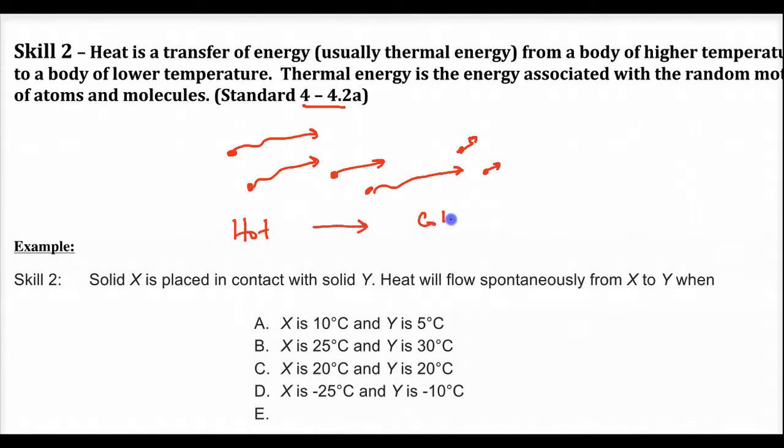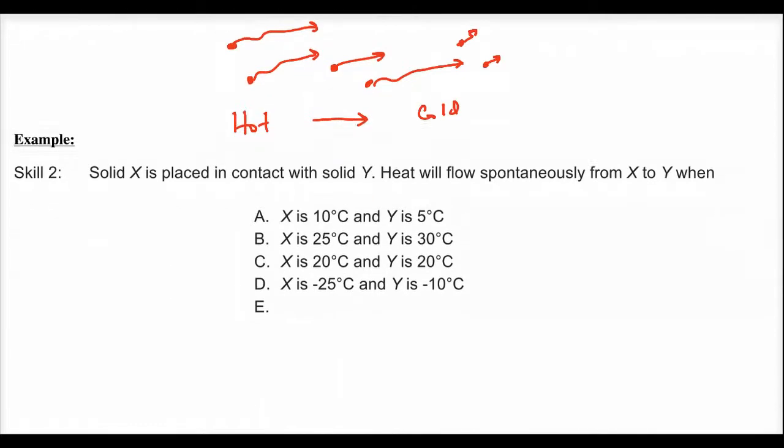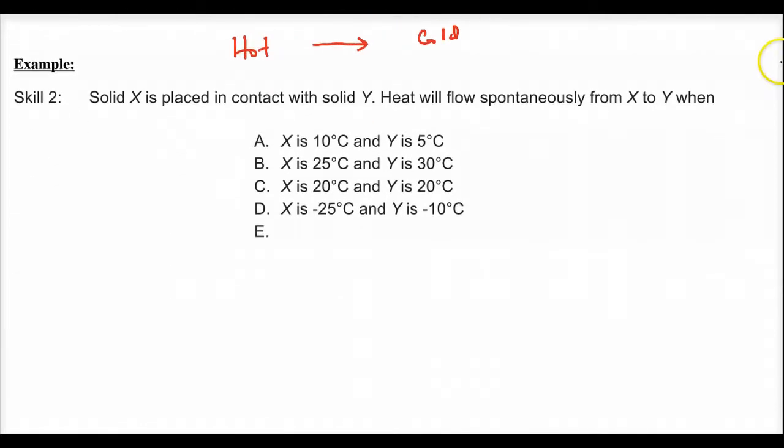Cold does not flow. So if you look at the example that I have down here, solid X is placed in contact with solid Y, heat flows from hot to cold. Knowing that temperature is a measure of motion, fast motion is going to catch up to the slow motion. So who's the highest temperature to the lowest temperature? Well, choice A is the answer because 10 degrees Celsius goes to the lower temperature.